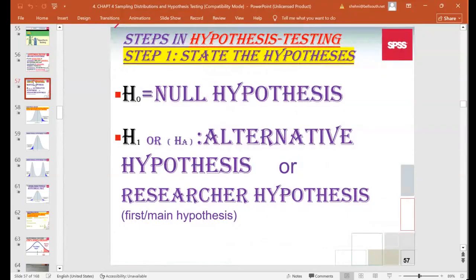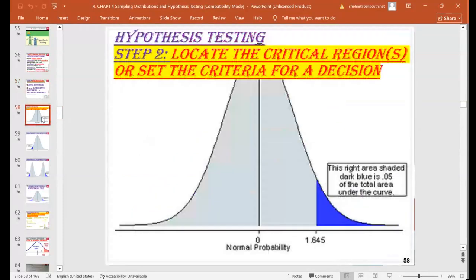We, the researcher, H1 or HA, alternative hypothesis, we say there are. That's the hypothesis we want to test. We say there's something there. That null, that's zero, means no difference, no correlation. But we think there are differences. So it depends on what kind of hypothesis you're using, one tail or two tail.